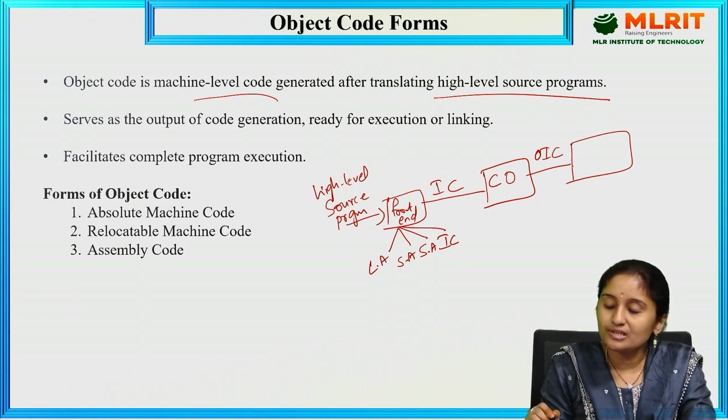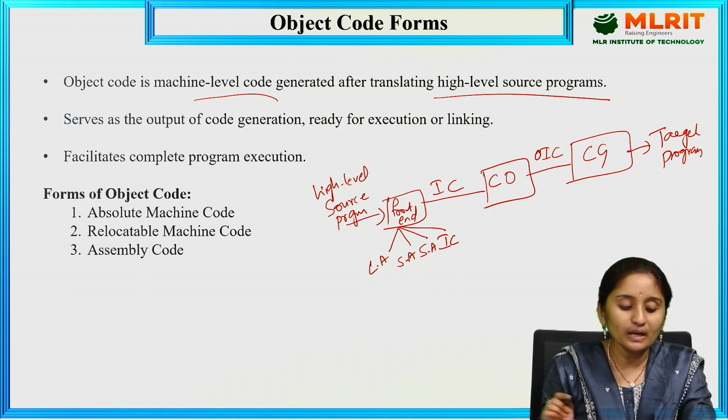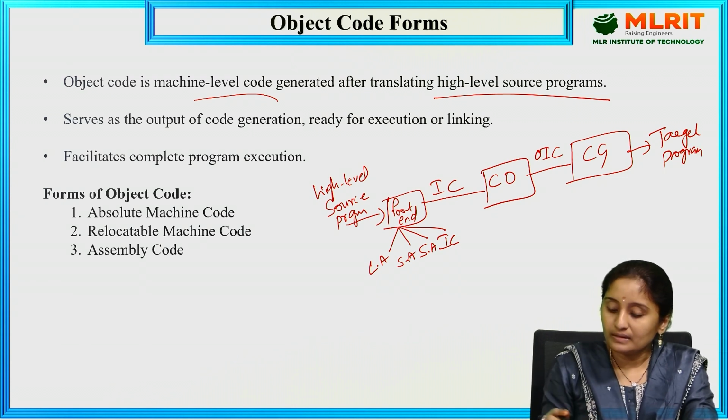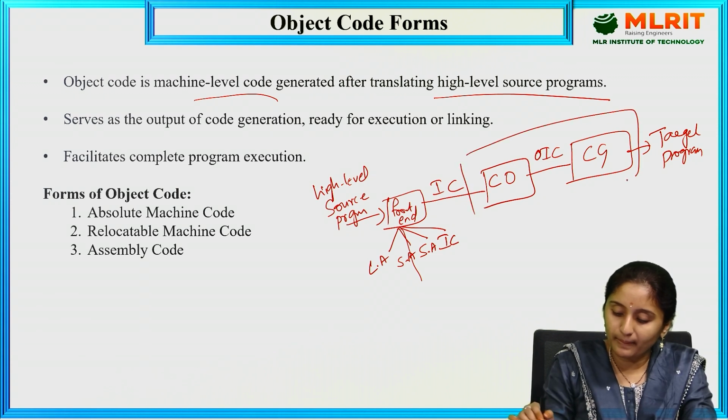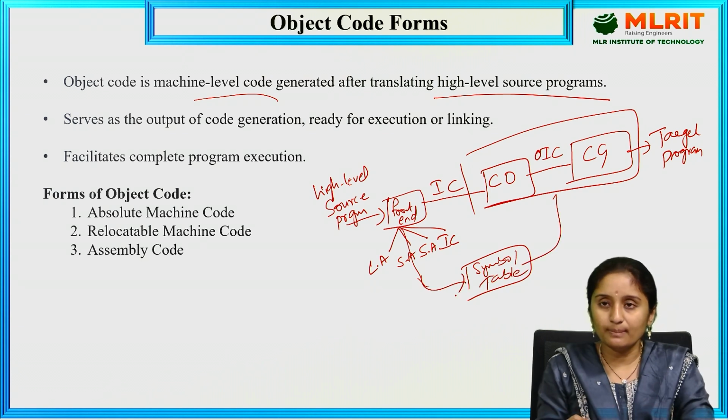This optimized intermediate code is given as an input to the code generator, and the code generator generates the target program. These two, the optimizer and the code generator, are the back end. The front end and the back end are connected to the symbol table.